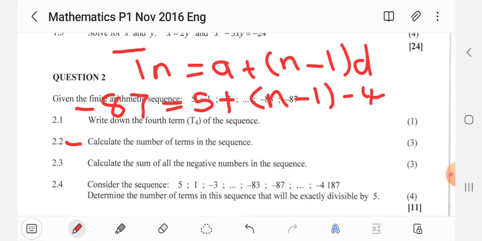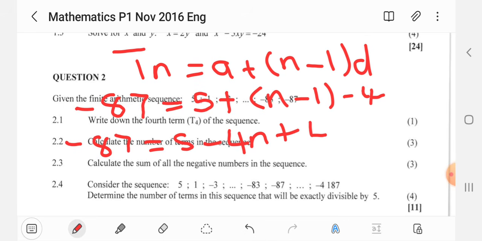So we have -87 equals 5 plus -4 times n, that will be -4n, and then -1 times -4, and that will be plus 4.